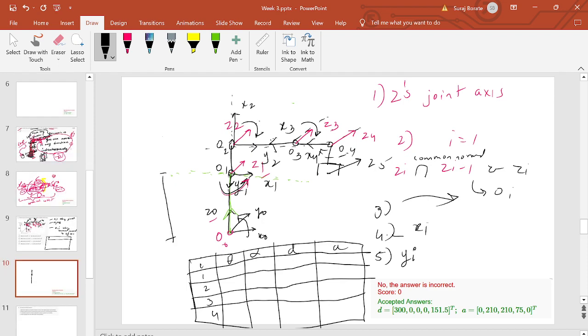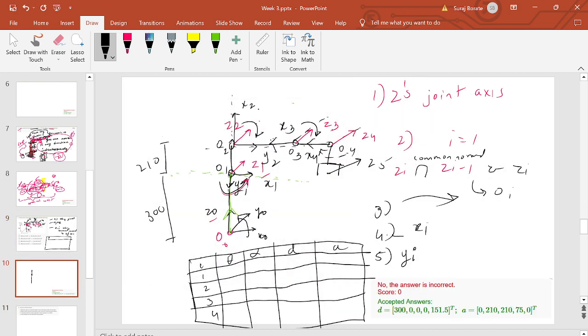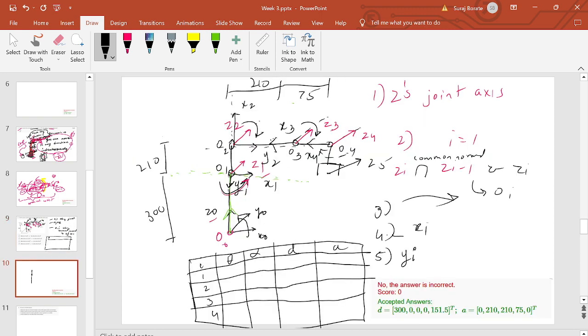This was 300. This is 210. Then this is 210. And this is 75. Now, the important thing is, what is the definition of theta, alpha, d, and a?